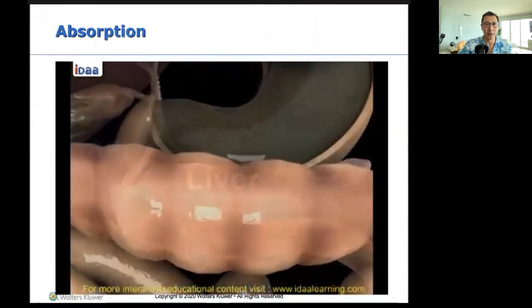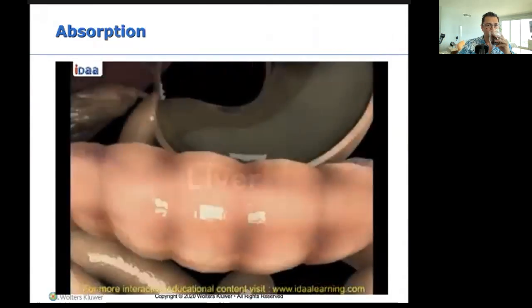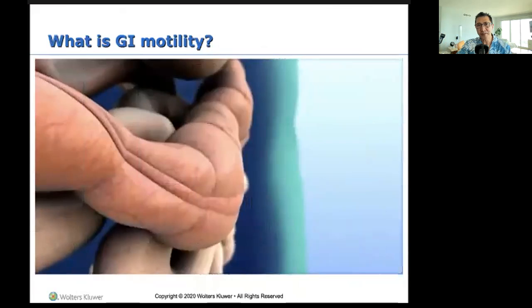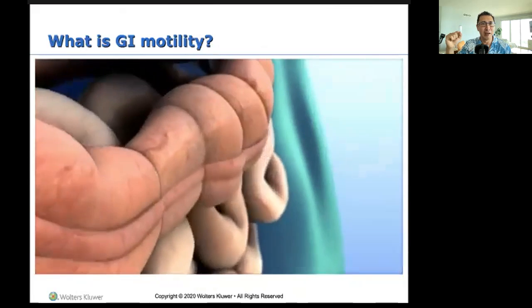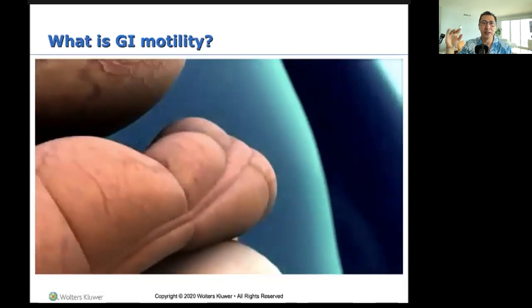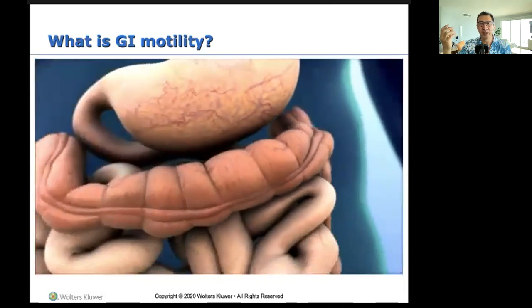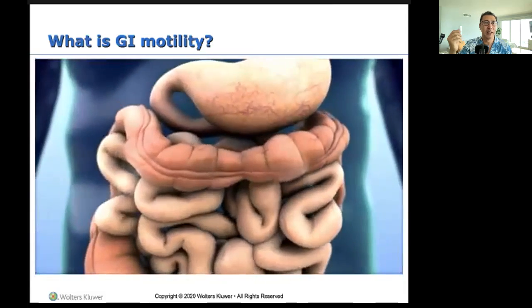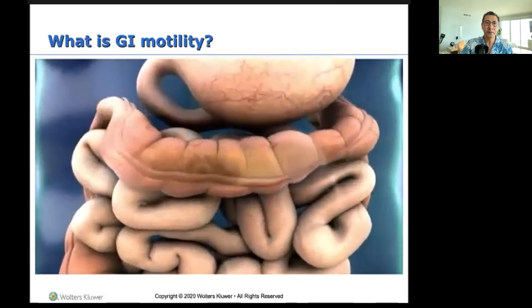That's how we absorb it. And then when we're done extracting all the stuff that's in the food, our GI system pushes it down to the lower GI tract, to the anus, into the toilet bowl. That's when we poop it out.